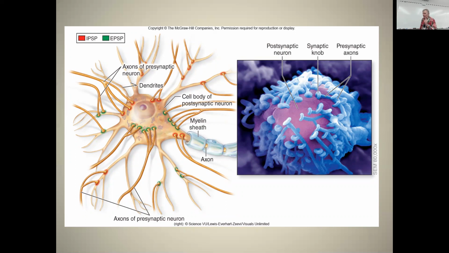And there are about 100 billion cells in your brain. Each one has on average 5,000 connections with other cells. So there are about 500 trillion synapses in your brain. 500 trillion. Wow. And the more connected your brain is, the more powerful it is. Okay.